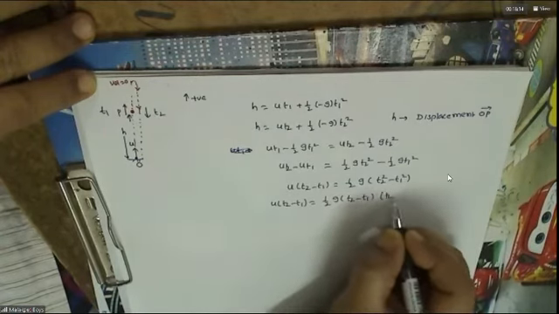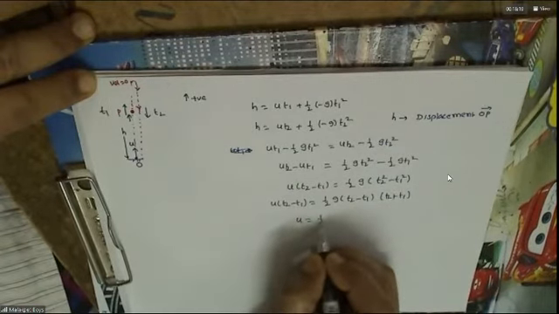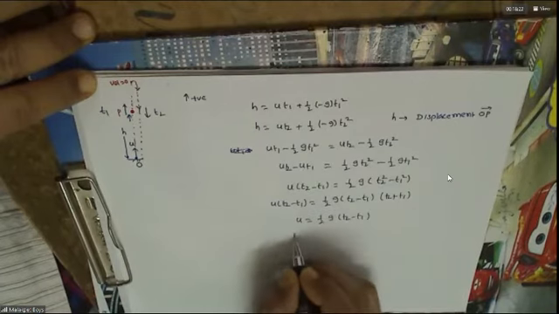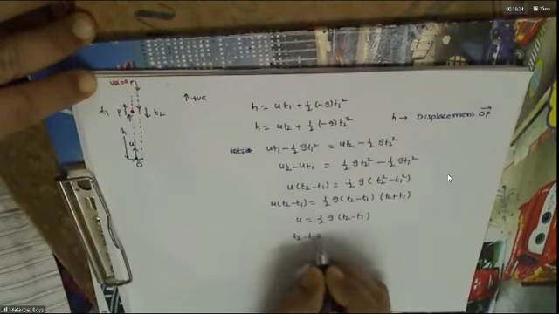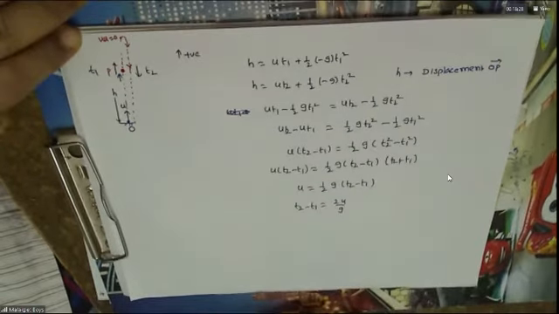A plus B into A minus B. This gives T1 plus T2 equals 2U by G. Do you agree with this?